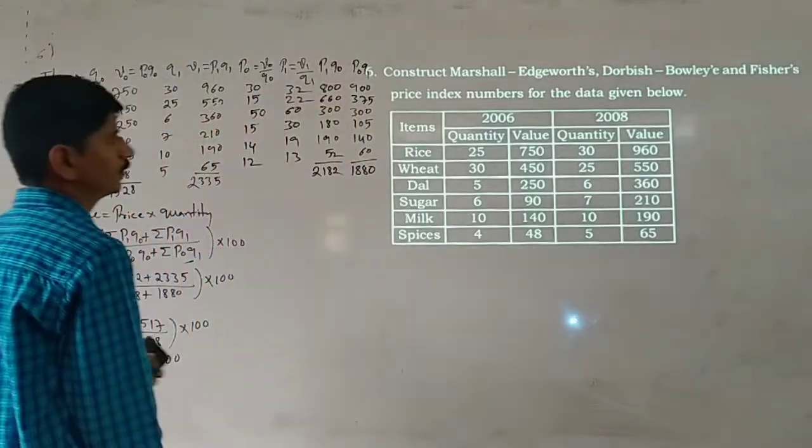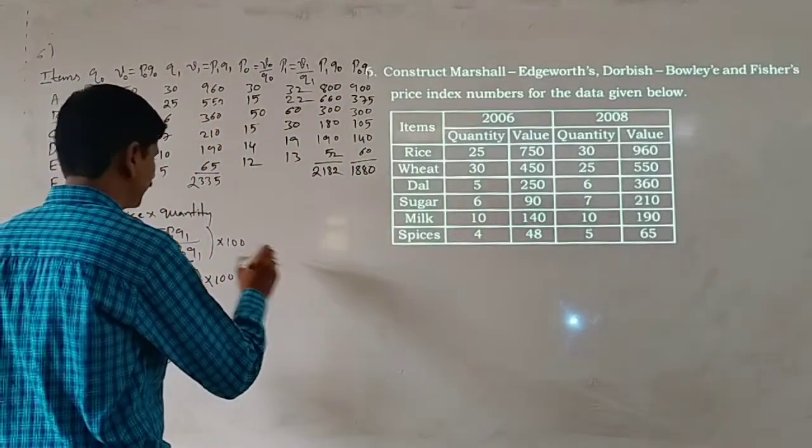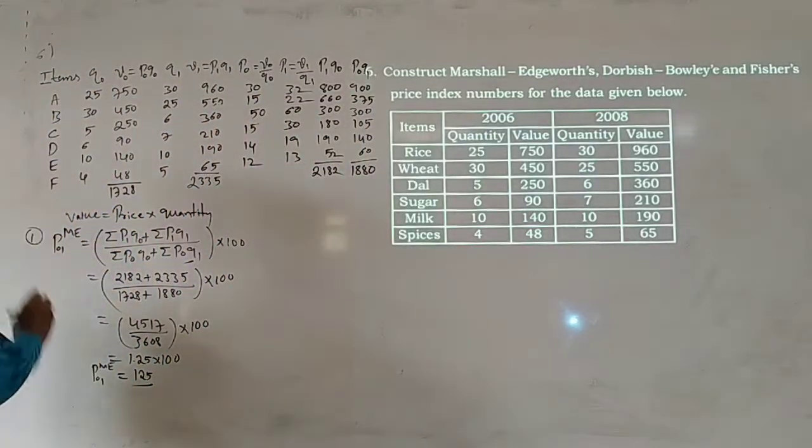Drobisch-Bowley's index number. Second, the first one was the Marshall-Edgeworth index number.